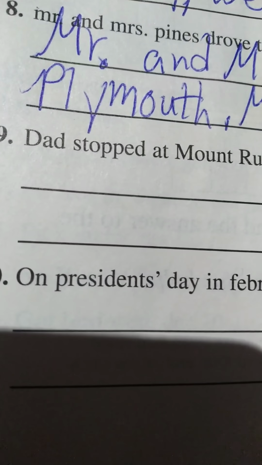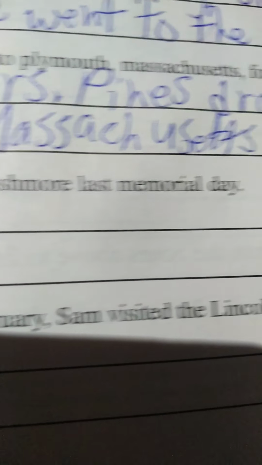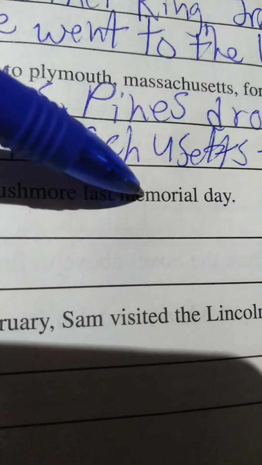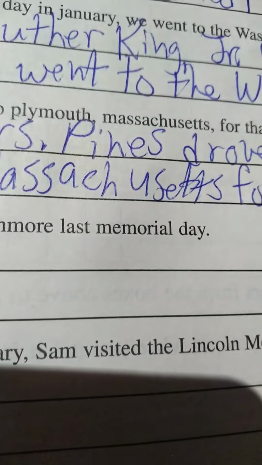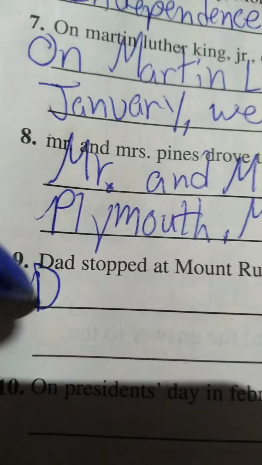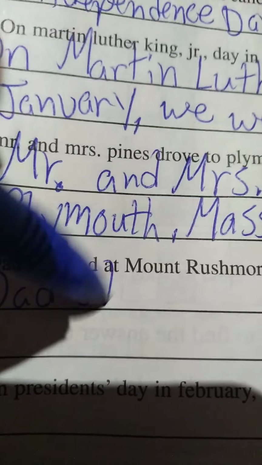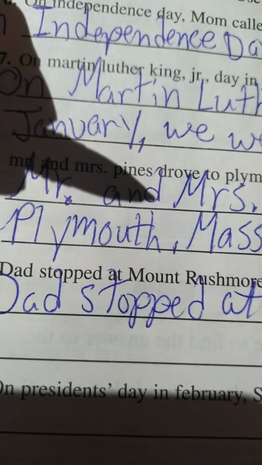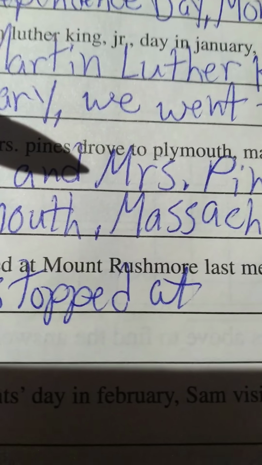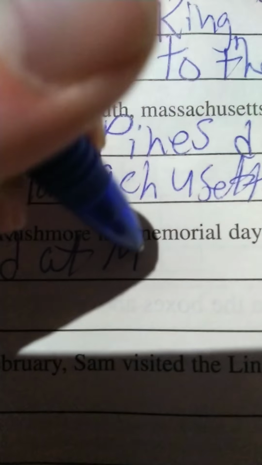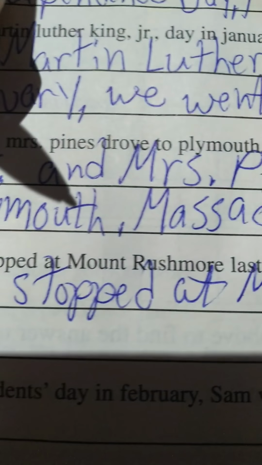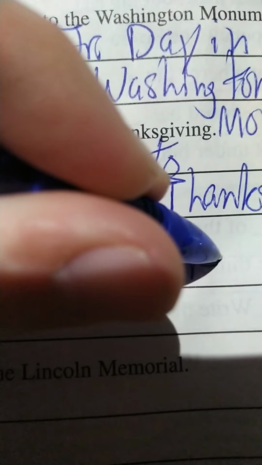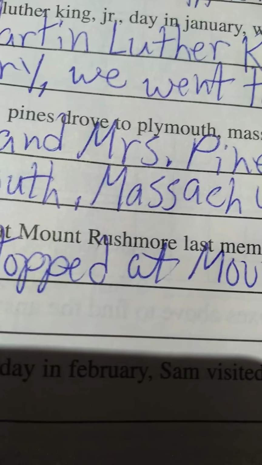Alright, number 9. Dad stopped at Mount Rushmore last Memorial Day. The only thing I see in here, you guys, is Memorial Day. It needs a capital letter because it's a holiday. So capital D for Dad. Dad stopped at Mount Rushmore. Mount Rushmore, capital M, Mount Rushmore.